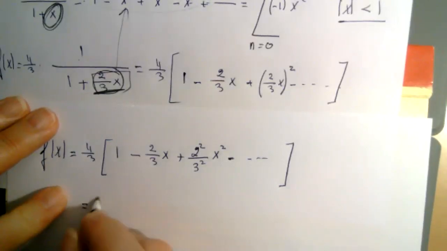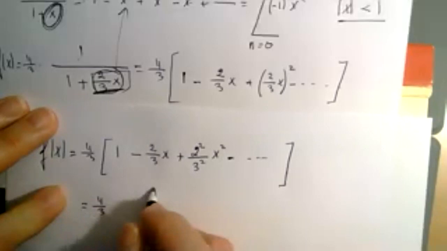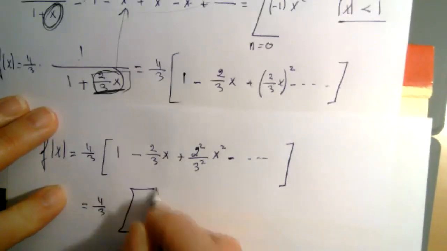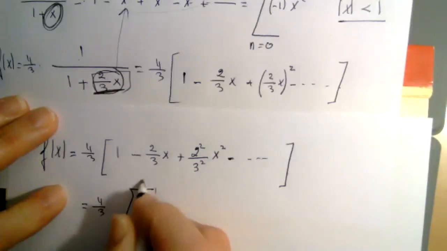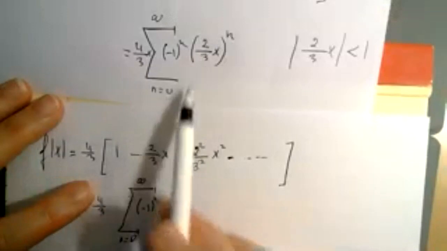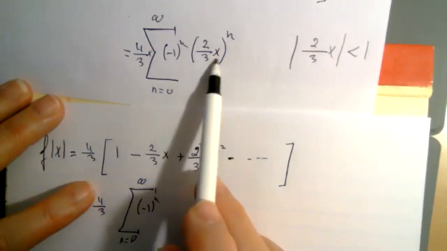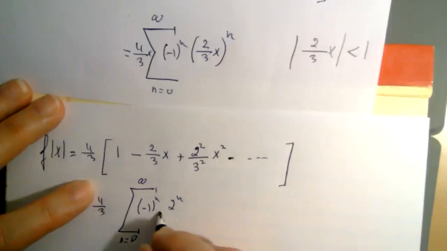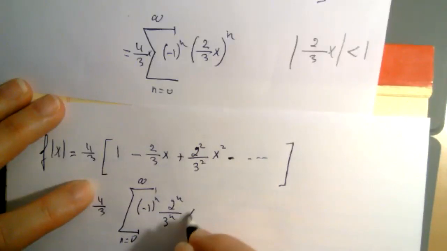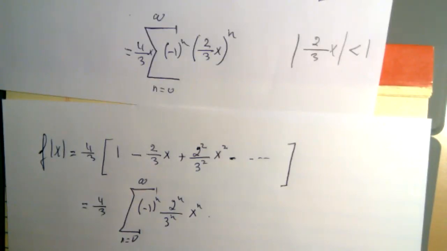In sigma notation, it is 4 over 3 times the sum, minus 1 to the n, n equals 0 to infinity of, now let's see, 2 over 3, the whole thing to the power n, becomes 2 to the n over 3 to the n, x to the n. And now for which value of x?